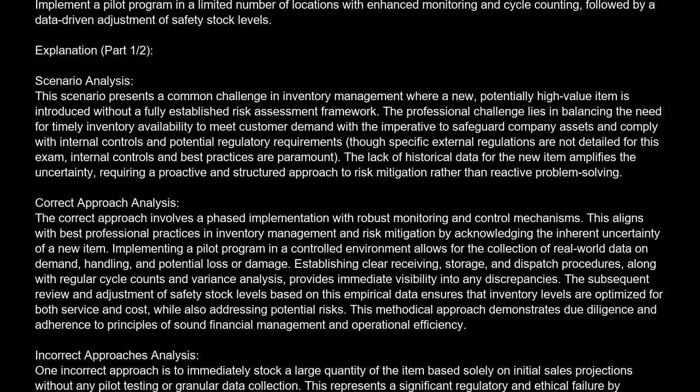The subsequent review and adjustment of safety stock levels based on this empirical data ensures that inventory levels are optimized for both service and cost, while also addressing potential risks. This methodical approach demonstrates due diligence and adherence to principles of sound financial management and operational efficiency.